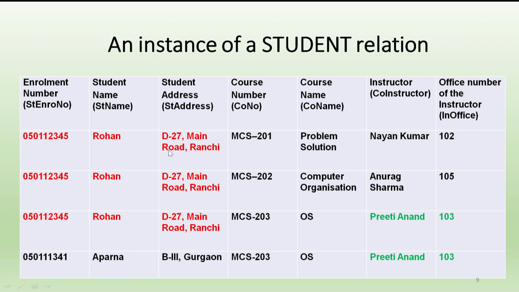We are assuming the address as an atomic value, right? So everything looks all right: single valued, and the values in a column are of the same kind. For example, this column contains course name, this contains the course code. So this particular relation is in first normal form. We don't have to do anything else, the relation is in first normal form, right?